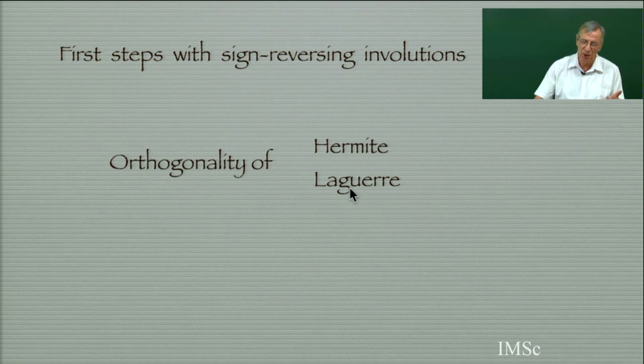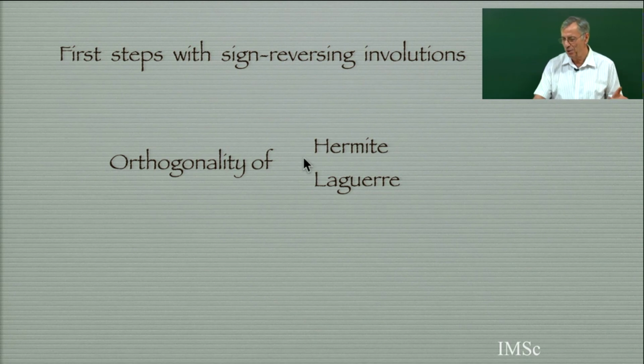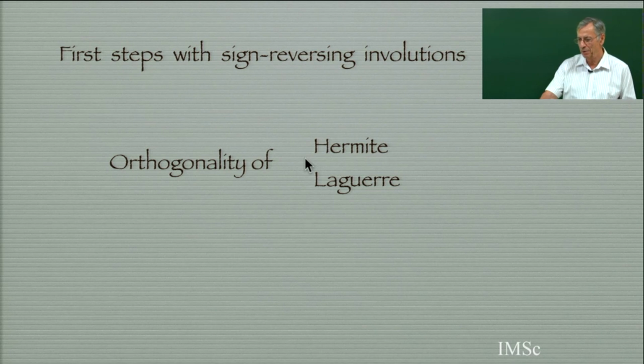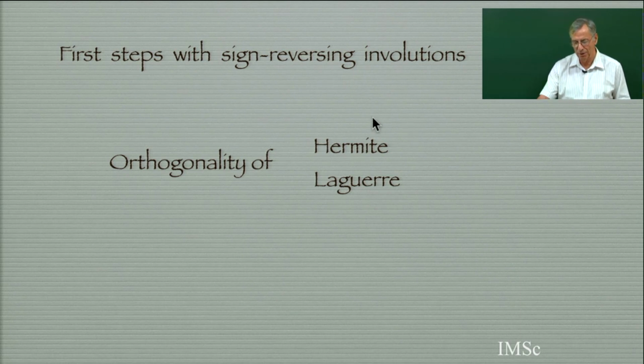So the modern way to see inclusion-exclusion is to construct a sign-reversing involution. And the orthogonality of the Hermite is going to be a first simple example of such a construction. So this is very pedagogical. This is the first step to understand sign-reversing involutions.